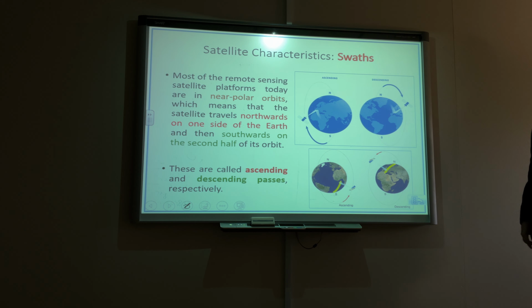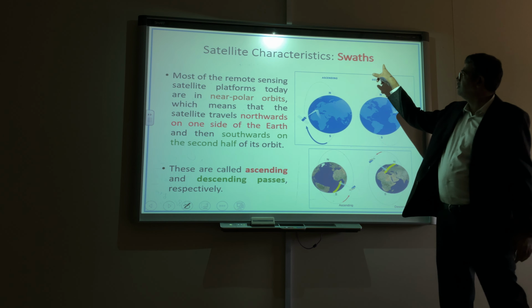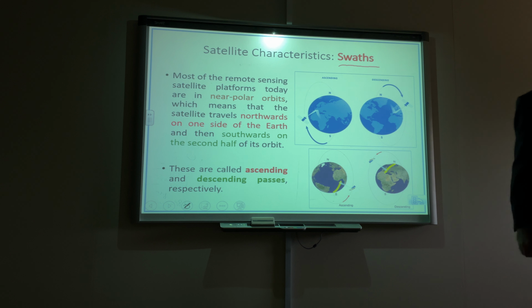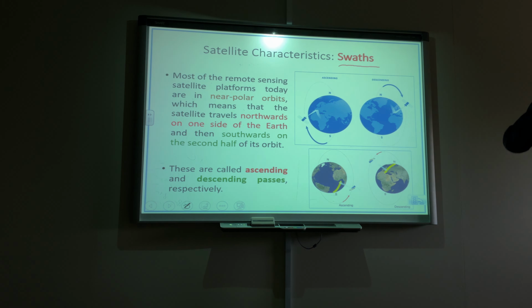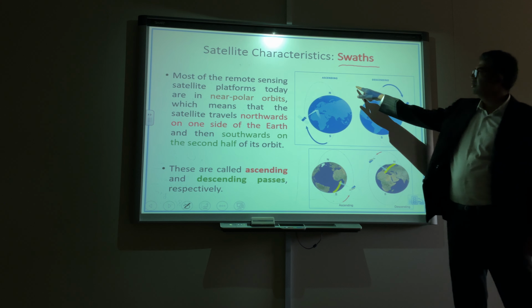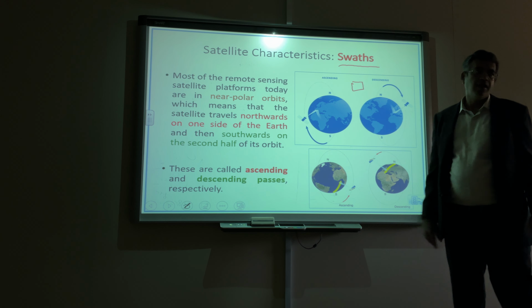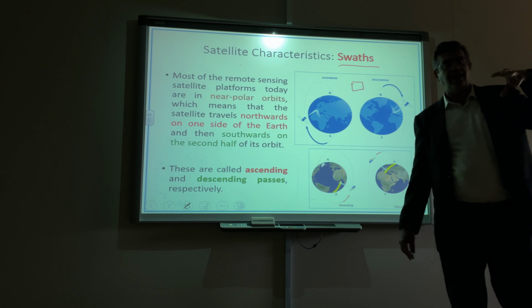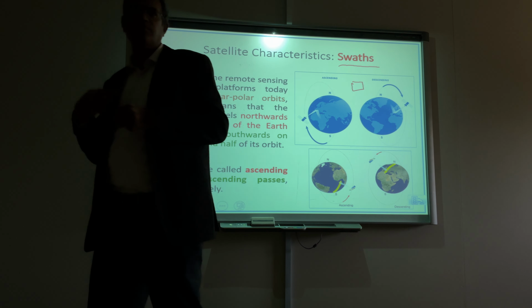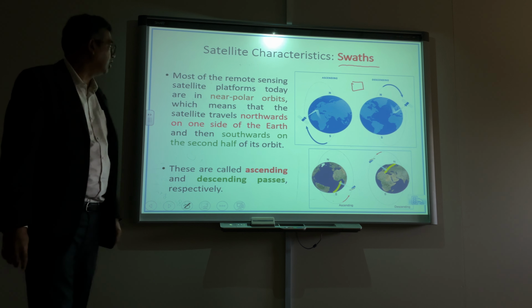Then you have the second characteristic of the satellite, which is called as the swath. What is the orbit? Orbit is the path which the satellite takes to move around the Earth's surface. Swath is the area on the Earth's surface which is covered by the satellite as it moves, that is called as the swath.